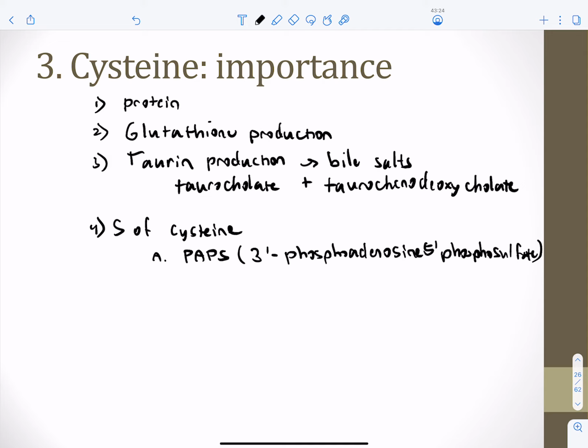And PAPS functions as a sulfate donor in protein carb modification. And the other thing that the sulfur of cysteine does, it's a source of sulfur to form coenzyme A.